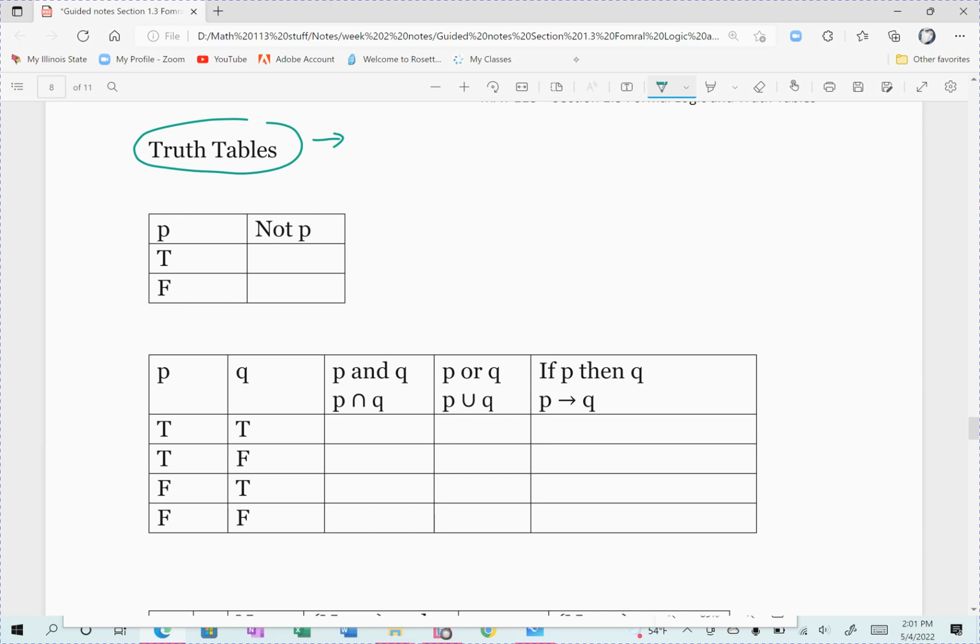So truth tables look at the relationship between logical statements and the operators, using negation, conjunction, disjunction, and implication.